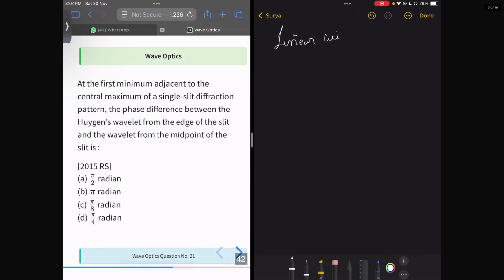Next question, 21st question. At the first minimum adjacent to the central maximum of a single slit diffraction pattern, what is the phase difference between the Huygens wavelet from the edge of the slit and the wavelet from the midpoint of the slit?